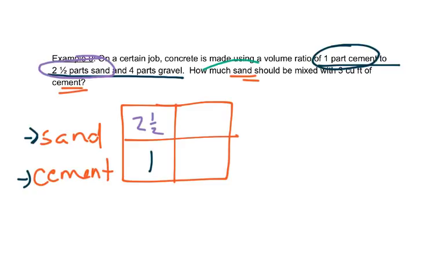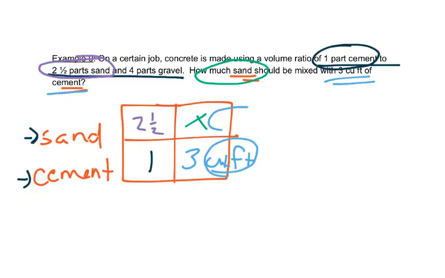So it says here how much sand. That's what we don't know. We don't know the amount of sand. It should go with 3 cubic feet of cement. So 3 cubic feet of cement across from the cement. Now this cubic feet is important because that tells us what this one's going to be labeled in as well. It'll be in cubic feet also.